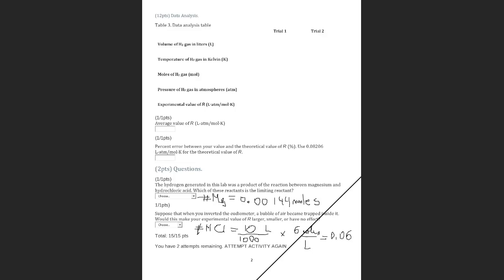But here we have much more than that, this number 0.00144 times 2. So the limiting reagent is going to be magnesium. And we know that when all the magnesium is gone and there is no more hydrogen gas, then the reaction is complete.